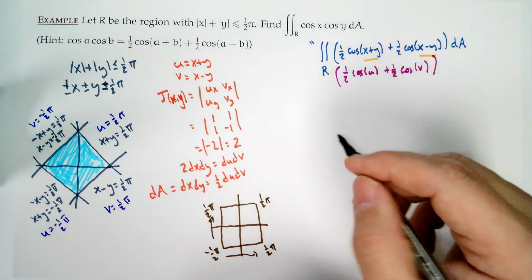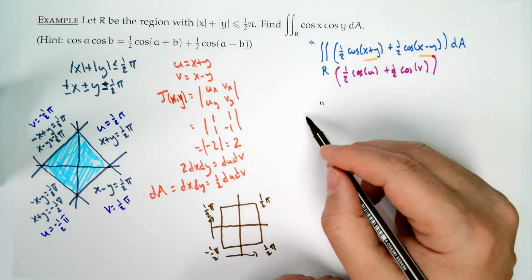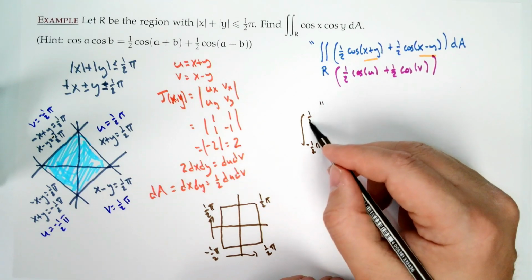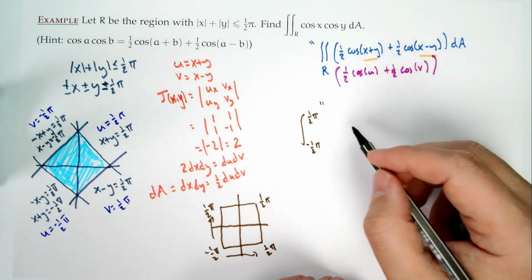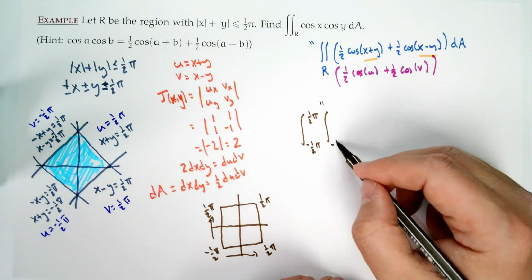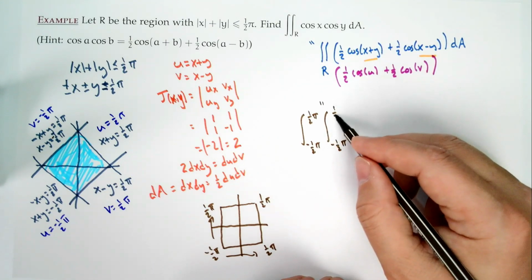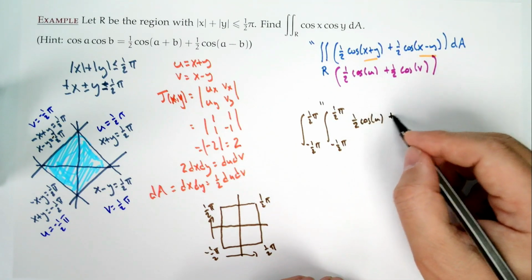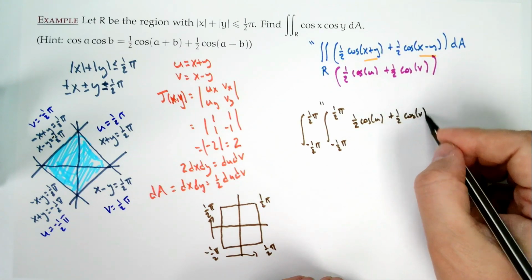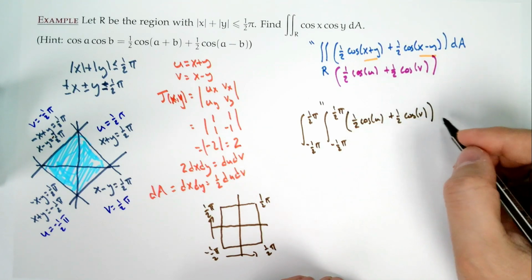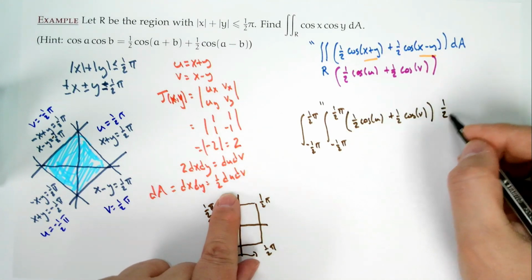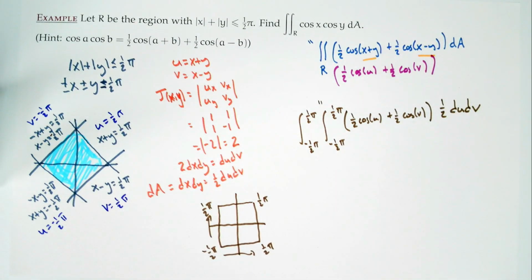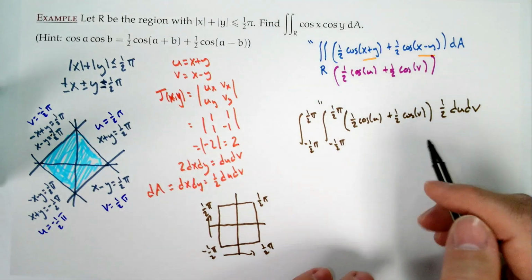So put it all together, we get that this will become the integral from minus 1/2 pi to plus 1/2 pi, and then the integral from minus 1/2 pi to plus 1/2 pi of 1/2 cosine of u plus 1/2 cosine of v, and then we're going to have 1/2 du dv. All right. Well, our integral is set up. It's set fine, so we'll go ahead and finish it off.